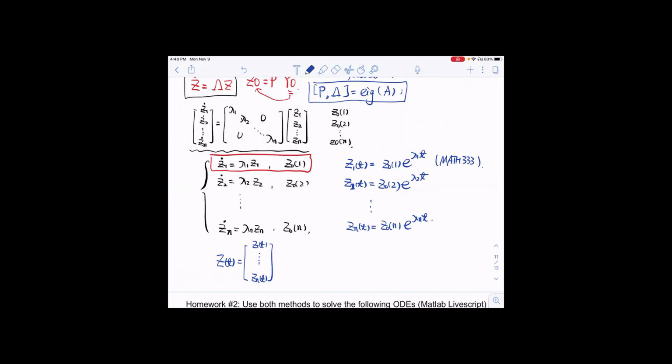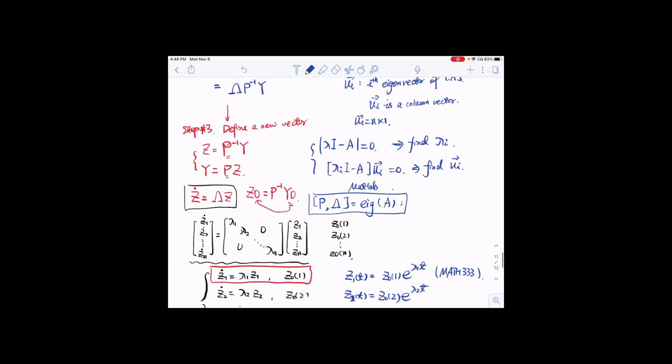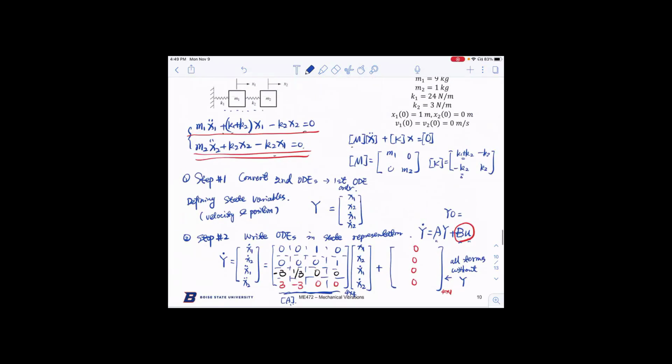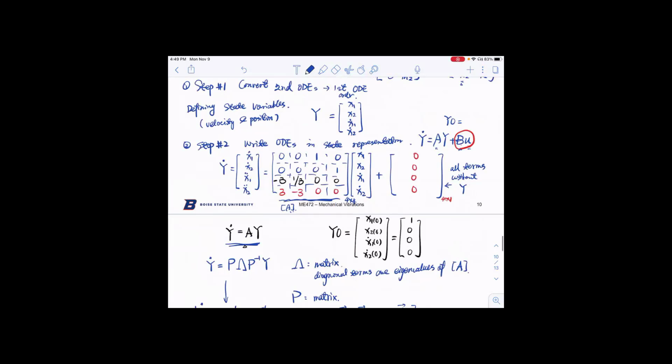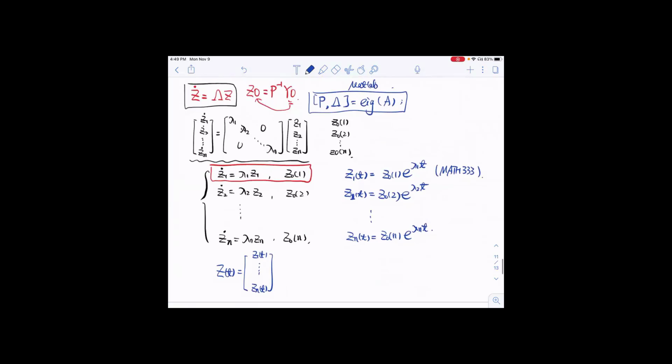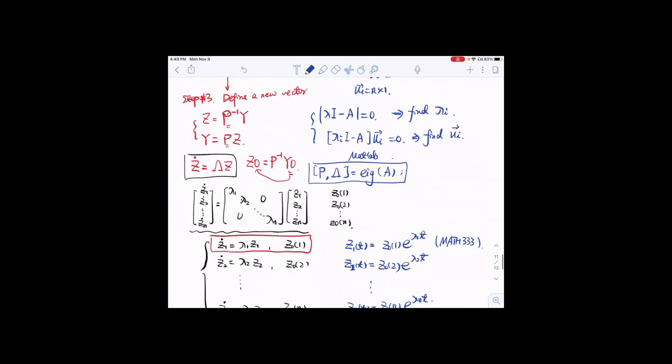But this is not enough. We don't want the solution in the Z domain. We want the solution eventually in the X domain, or even the solution in the Y domain. But how can we convert the solution from Z to Y? That's why you have to go back to this coordinate transformation.